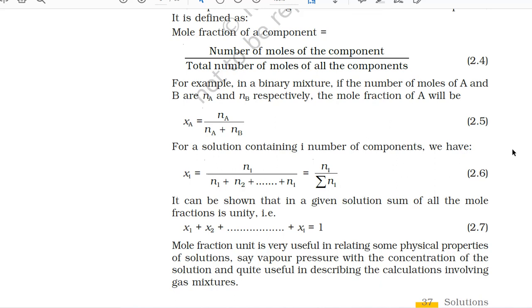For example, in a binary mixture, if the number of moles of A and B are Na and Nb respectively, the mole fraction of A will be Xa equals Na upon Na plus Nb.